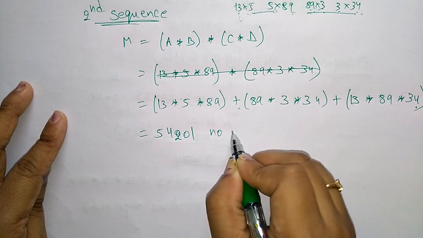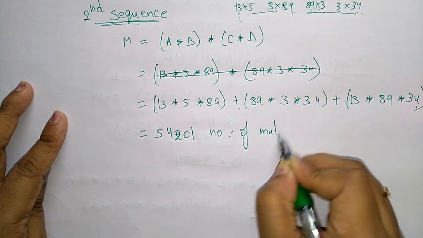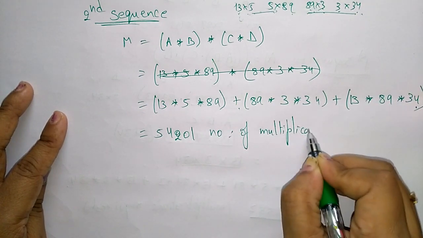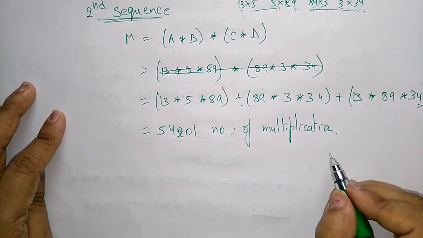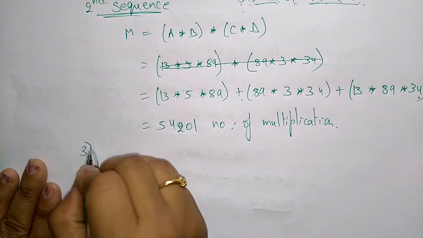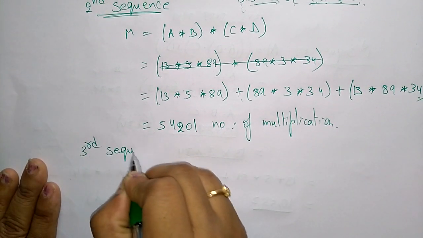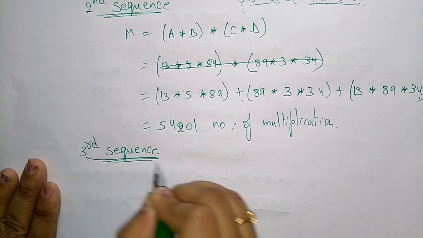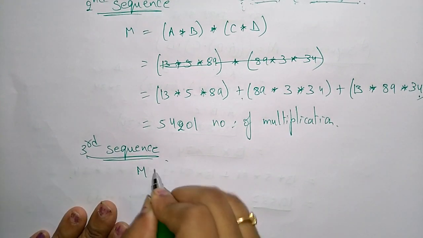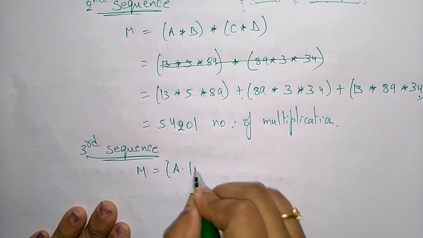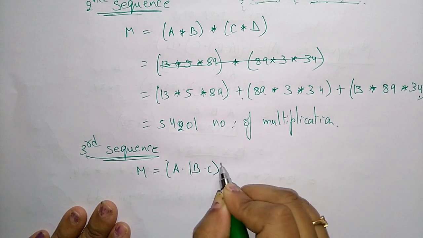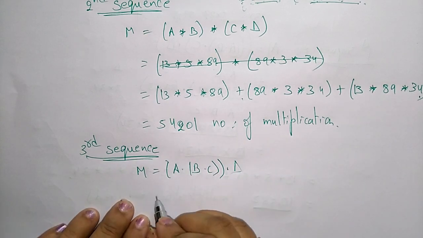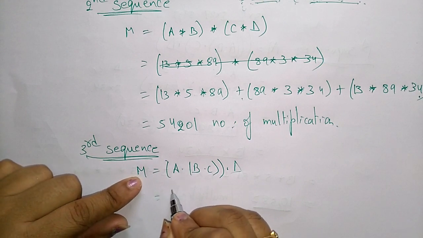So the number of multiplications required for this sequence is 54201. And let me take the third sequence also. In these three sequences, we have to find out which one is getting the minimum cost. M is equal to A into B into C into D. Okay. So for this, I'm just writing directly.